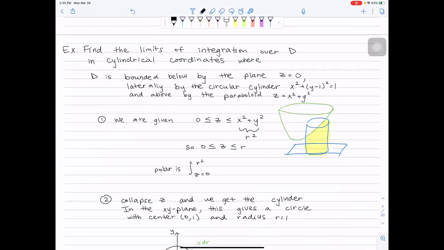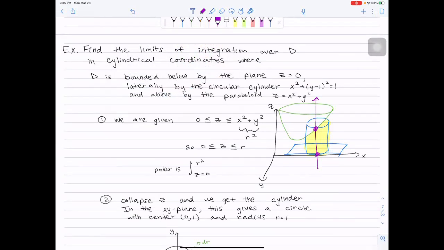Imagine that this is x, y, z again. If we're drawing a line in the increasing z direction, my purple line right now, we enter at this flat surface, which is z equals 0. We exit at the paraboloid because it's bounded above by the paraboloid.